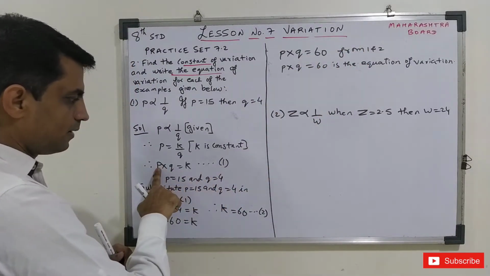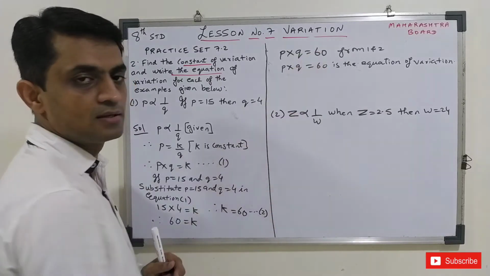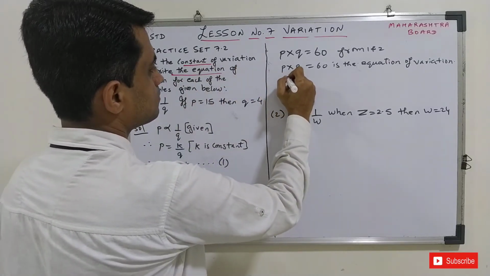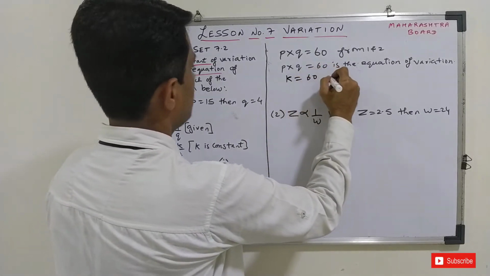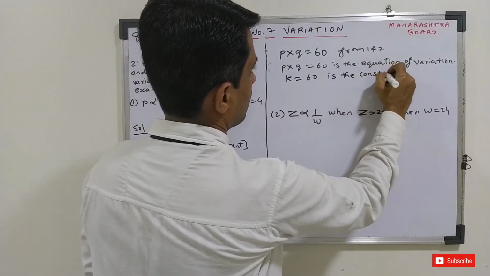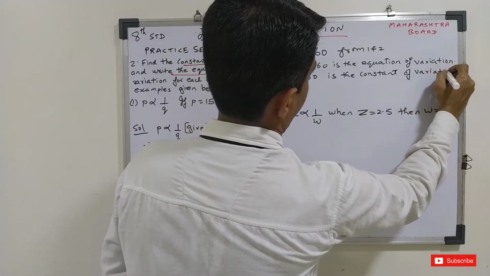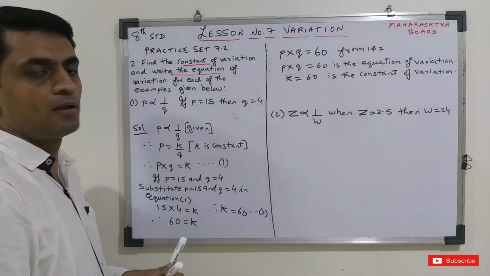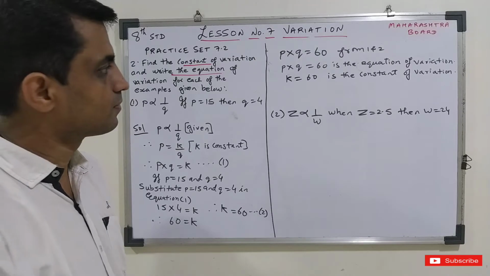This was 1: P into Q is equal to K. What is our K? 60. The constant we also found. K is equal to 60 is the constant of variation. So this is the final answer. Both the answers you got: the constant and also the equation.